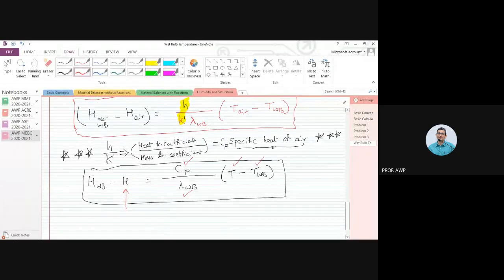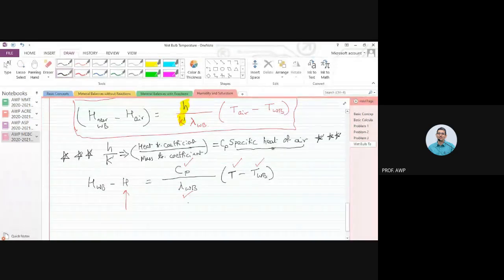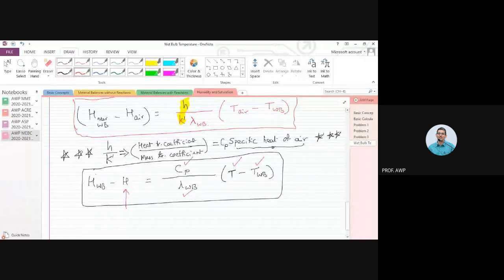I can calculate the humidity near that wet bulb, and then I can use it to find the only unknown in this equation, the humidity of the air, in which I have these two thermometers, one with a wet bulb, one with a dry bulb, or one without the wet cloth.